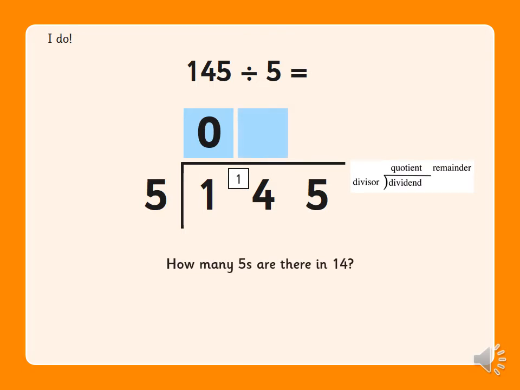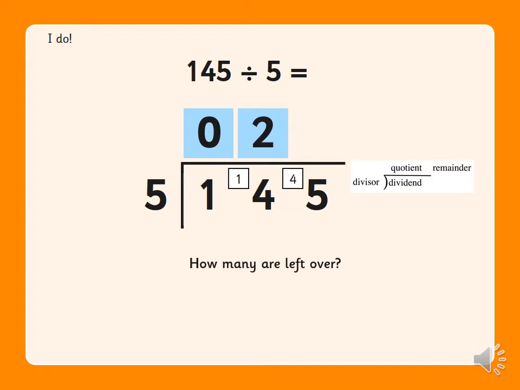How many 5s are now in 14? We have 2 5s in 14, because we go 5, 10, and then we've got 4 left over, the remainder. So the 2 goes at the top.